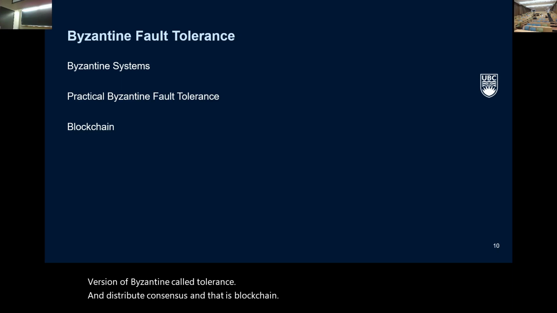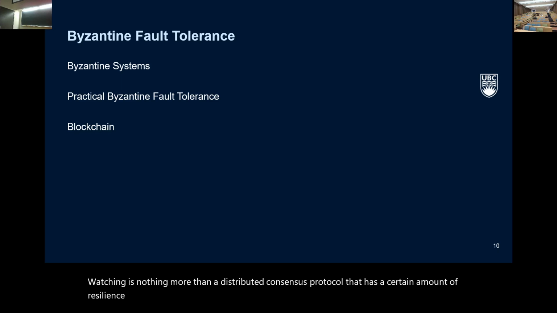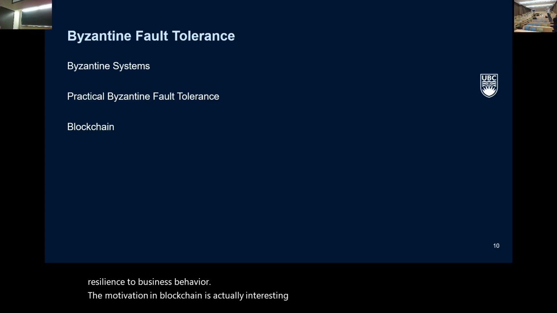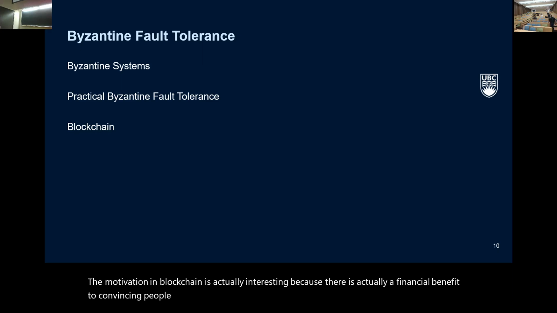Blockchain is nothing more than a distributed consensus protocol that has a certain amount of resilience to Byzantine behavior. The motivation in blockchain is actually interesting because there is actually a financial benefit to convincing people of something that's not true. So how do we prevent that from happening?